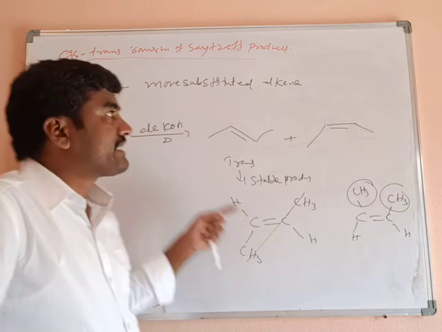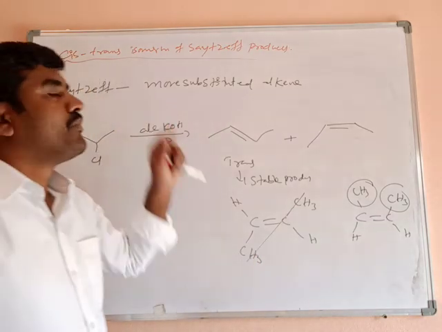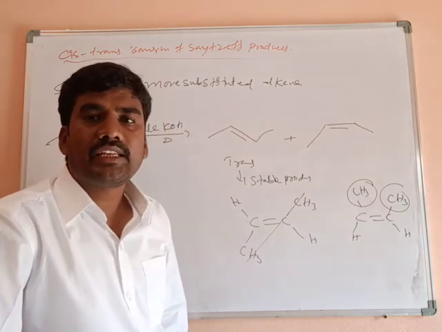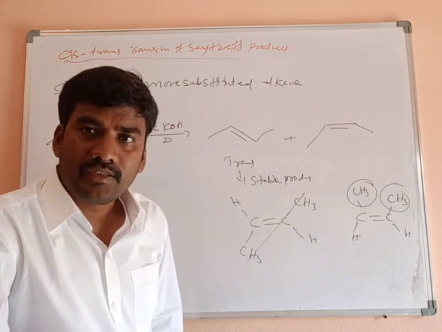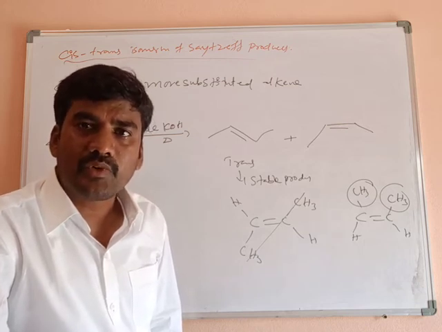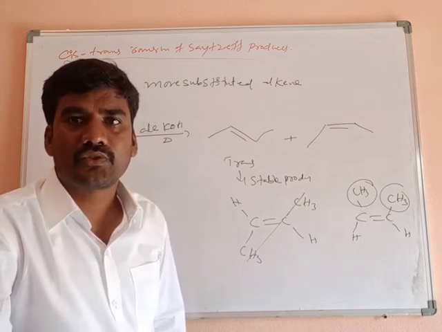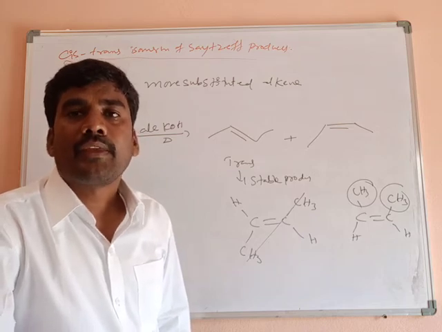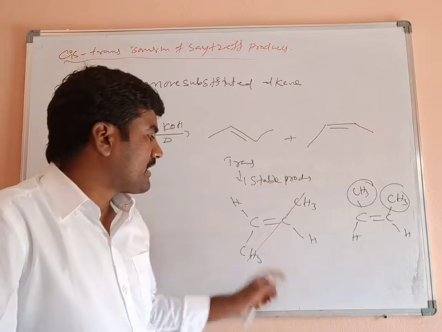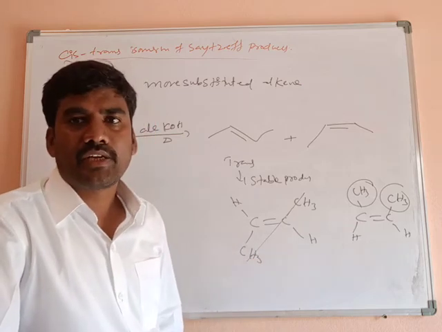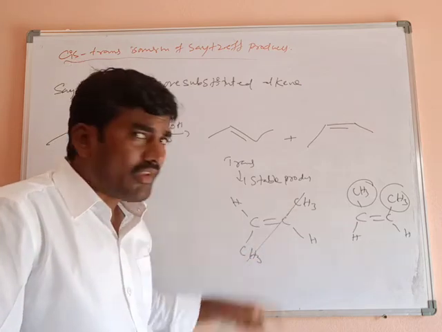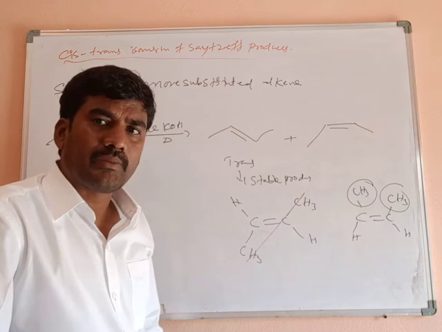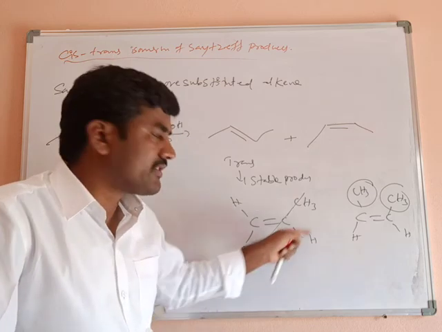Understand? According to the Saytzeff rule, the more substituted alkene is the major product. In that major product, if formation of cis and trans isomers is possible, the trans product is the major product because the repulsion between the methyl groups is very least, as they are opposite in the plane. One is below the plane and another is above the plane.